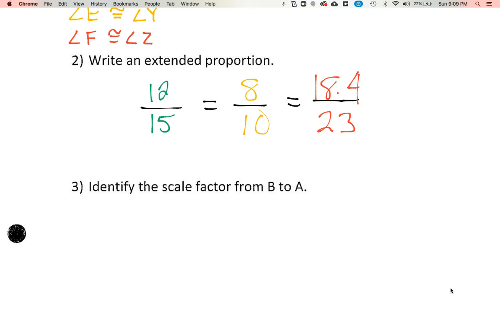Three, identify the scale factor. Since these are all equal, they simplify down to the scale factor. So if I was to simplify all of those fractions, they're going to simplify down to 4 over 5.